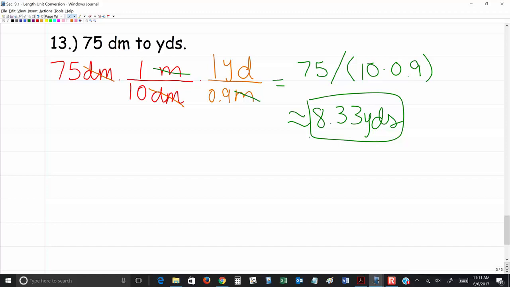And then again, all of the answers are on the back of the sheet. Do you have any questions? Or any help?